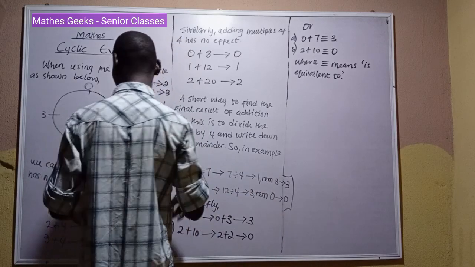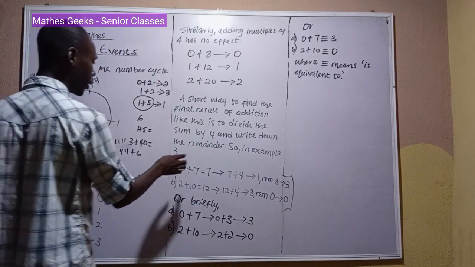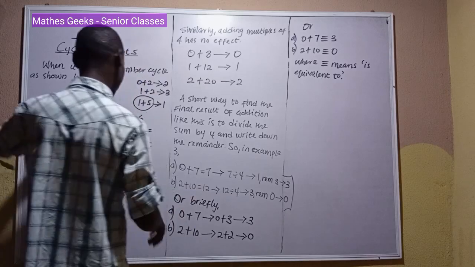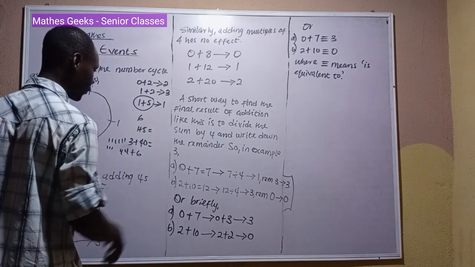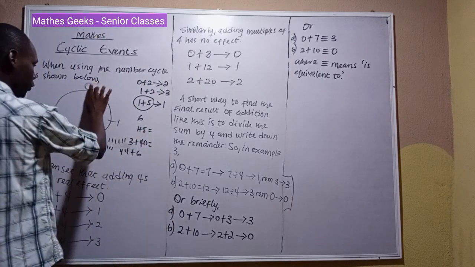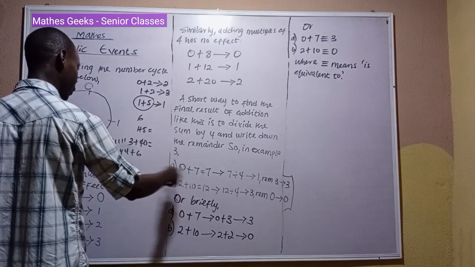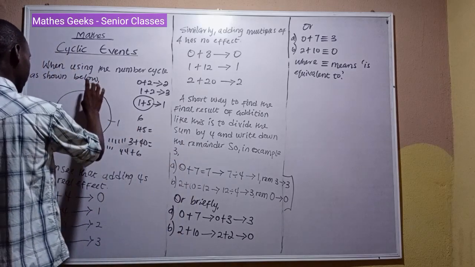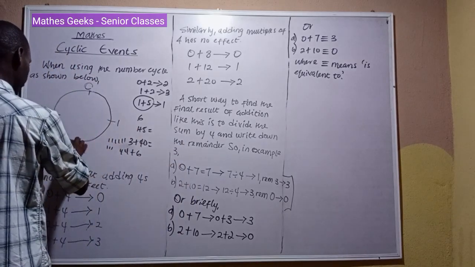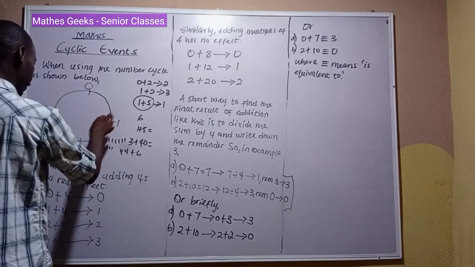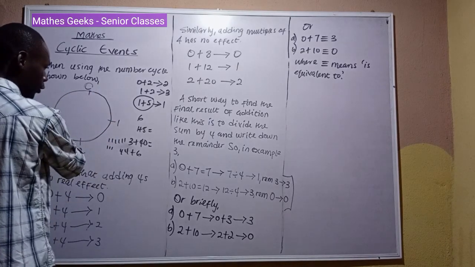So 0 plus 7 means if you have to use this number circle, you start at 0 and take a clockwise turn 7 times. So this will give us 1, 2, 3, 4, 5, 6, 7. We're going to stop at 3.